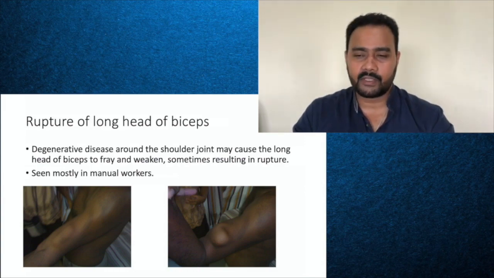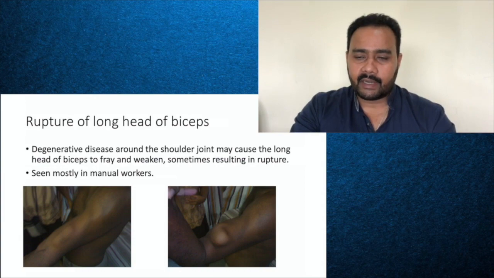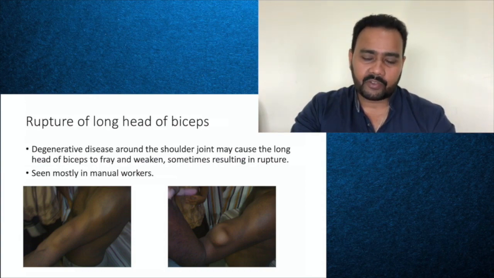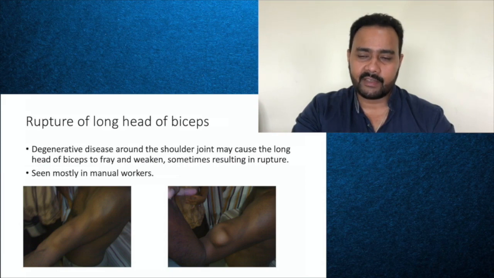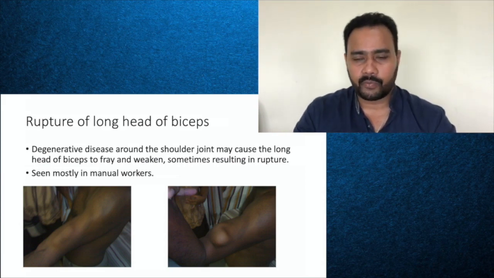So this is one of the clinical anatomy points you have to know. Because of the rupture of the long head of biceps, people can present with a sudden onset lump that appears whenever they flex the arm. So this is one of the conditions we need to know.